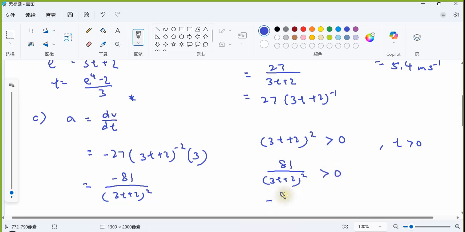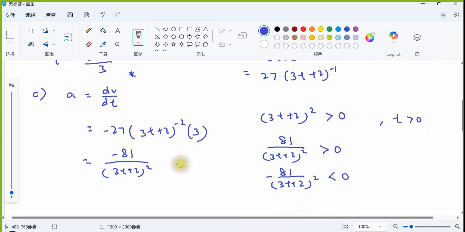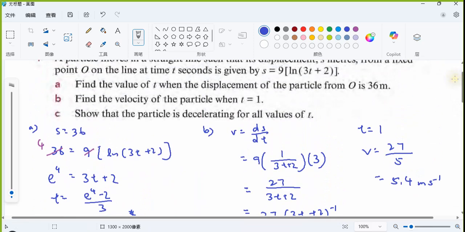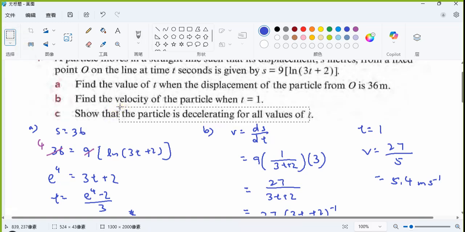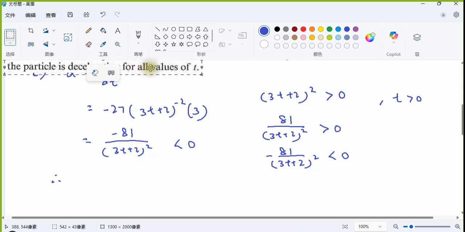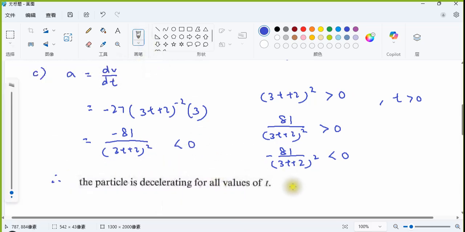But when we have the negative of (3t plus 2) squared, it is always less than 0. Then it is always decelerating. So the particle is decelerating for all values of t. This is how we show it. So a is always less than 0, a negative value.